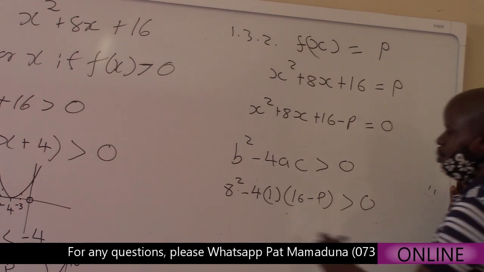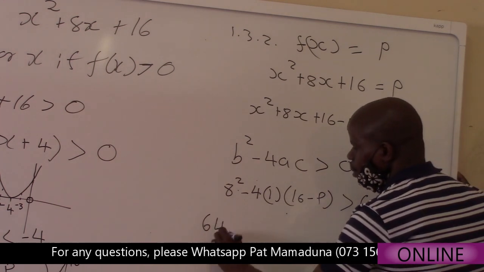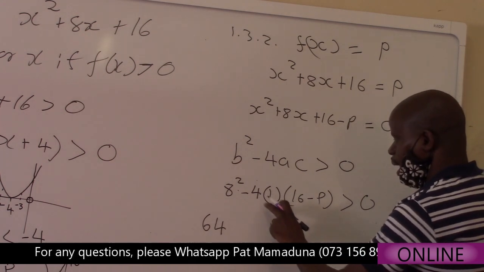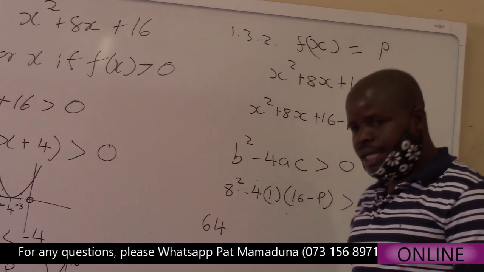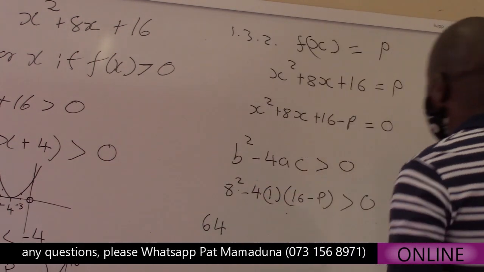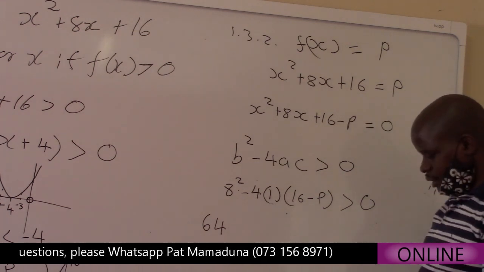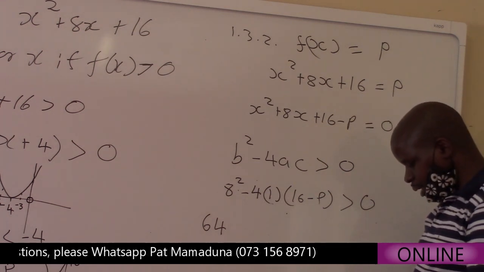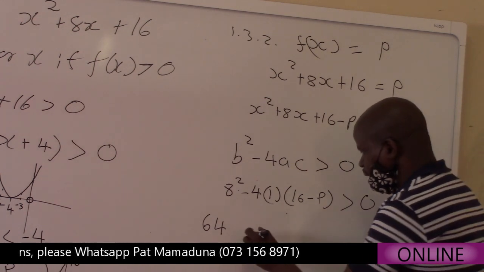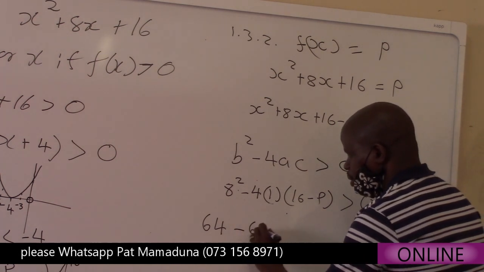So we are having 64. And then now, with the negative of 1, like negative 4 times 1 is negative 4. So negative 4 times 16, it's negative 64.